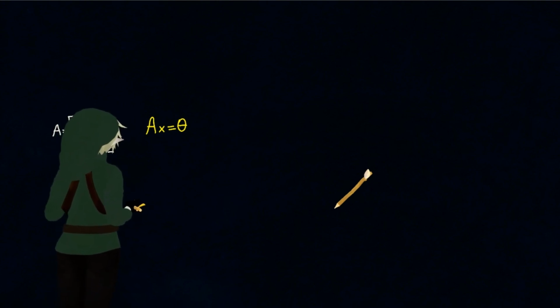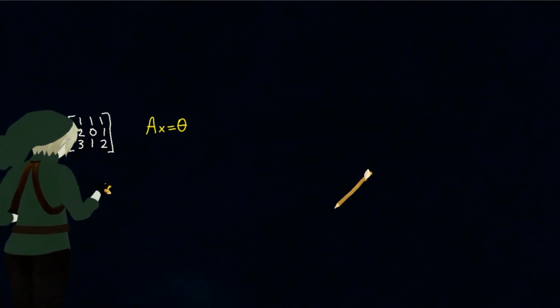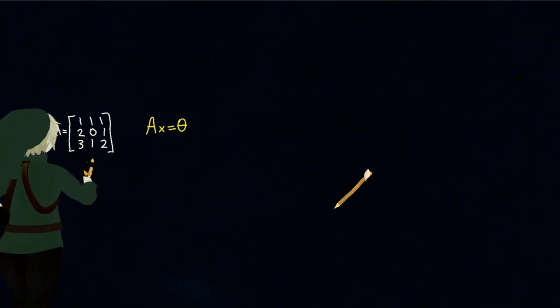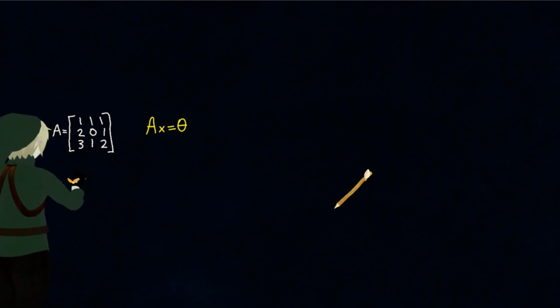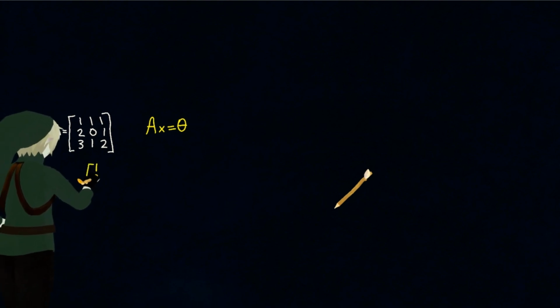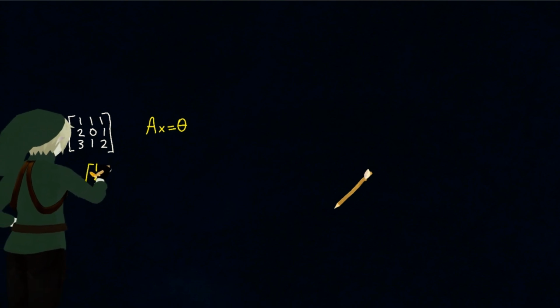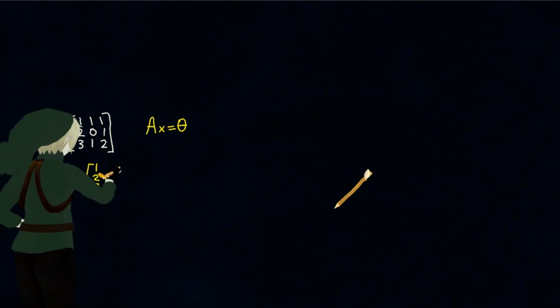Is this matrix A non-singular? So what that means is we're going to go ahead and turn it into an augmented matrix, right? We go ahead and put an augmented matrix.